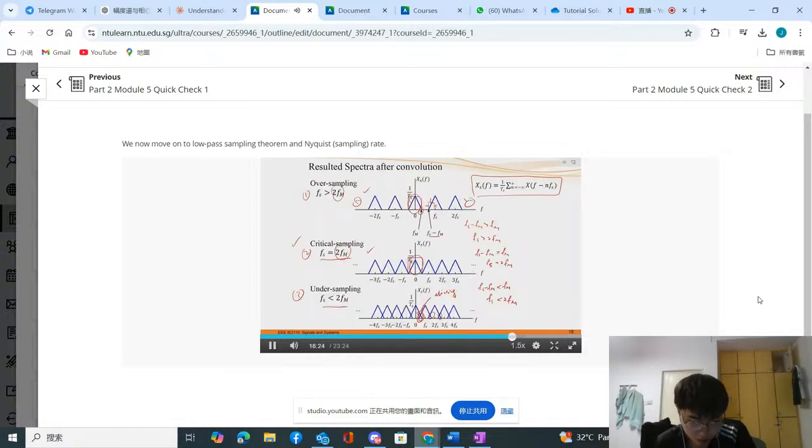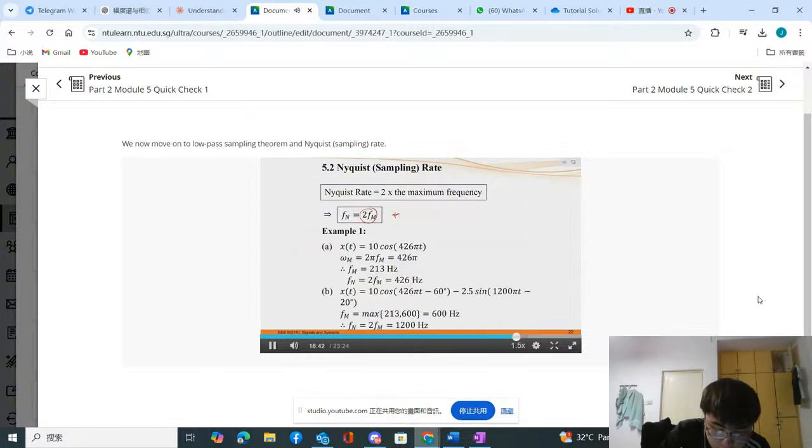And sometimes we call that critical sampling, right? So in other words, you must sample at least 2 times. If you sample below that, you're going to end up with this situation, okay, which is not good because the original content actually gets distorted.